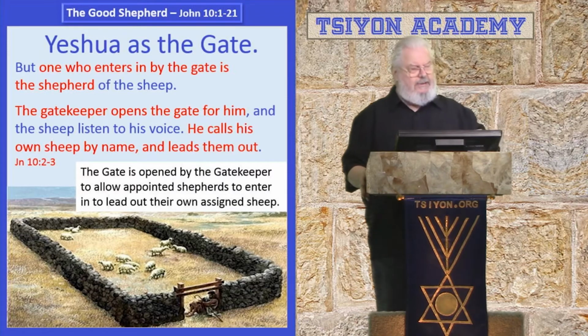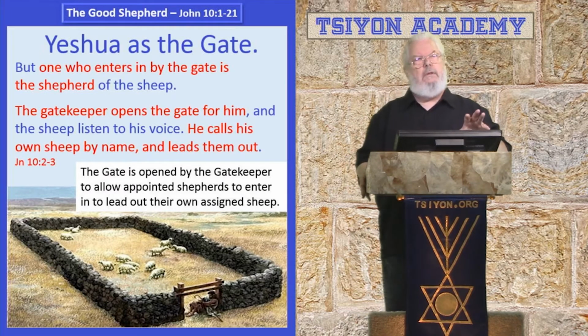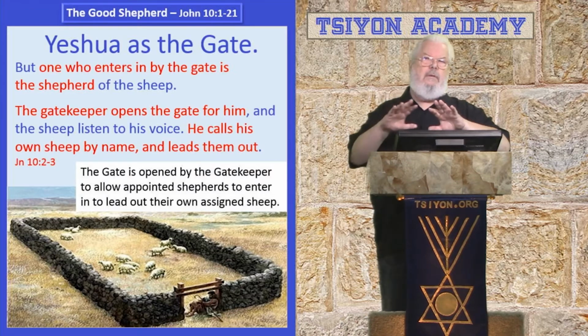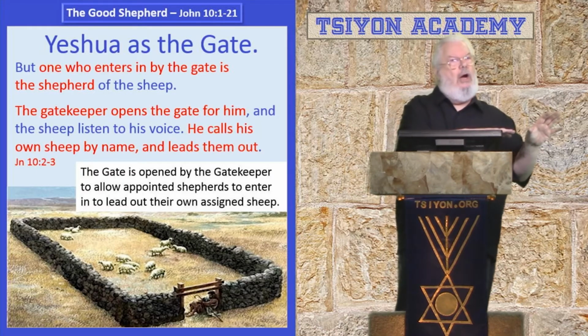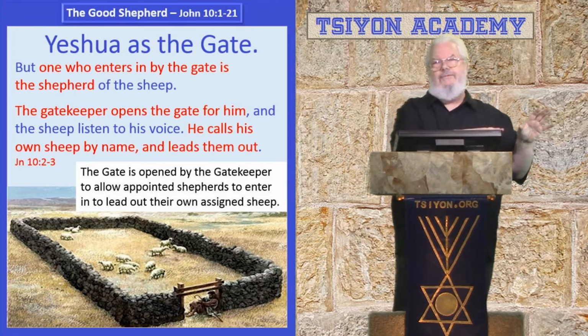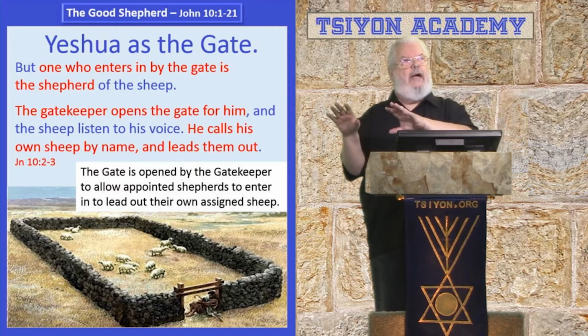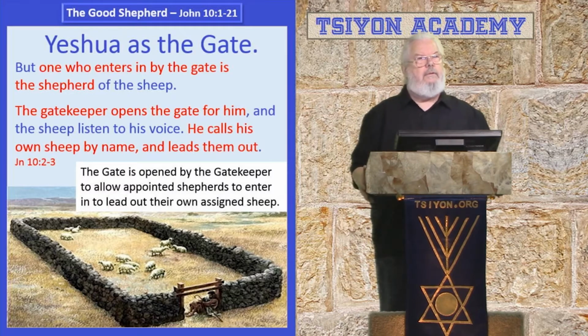It's talking about Israel here. This is how Israel is supposed to work. There are appointed under-shepherds under Messiah, and they have portions of the nation, of the flock. These could be likened to the tribes and then the various divisions of the tribes.